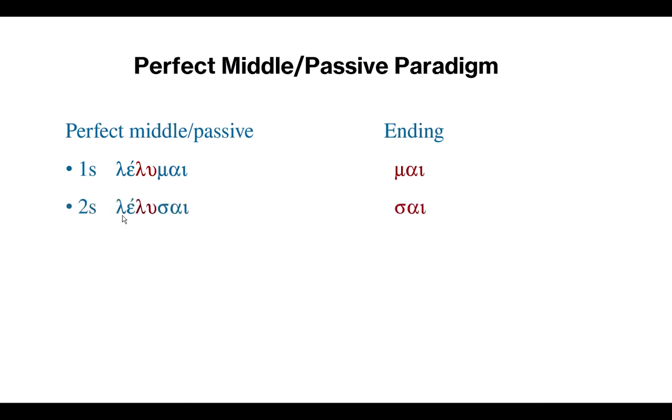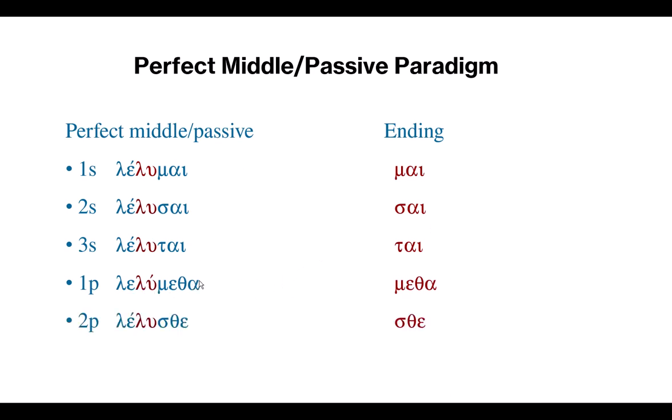Similarly for second singular, lelusai, and third, lelutai. So the mai, sai, tai are just plugged right onto the ends. This is one of the few cases where the sai ending doesn't undergo any changes. Then for first plural, we have lelumatha, second plural, lelustha, and then finally third plural, leluntai.